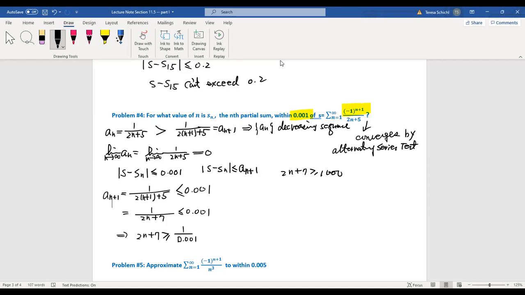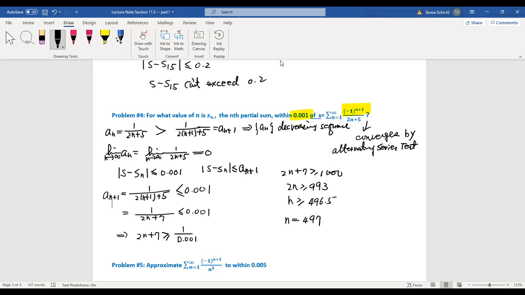Okay, so I can have 2n greater than or equal to 993, so n is greater than or equal to 496.5. So n is 497, right?